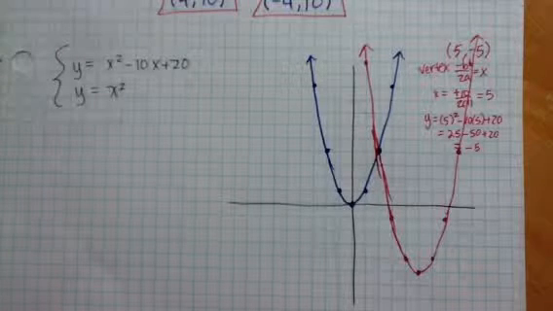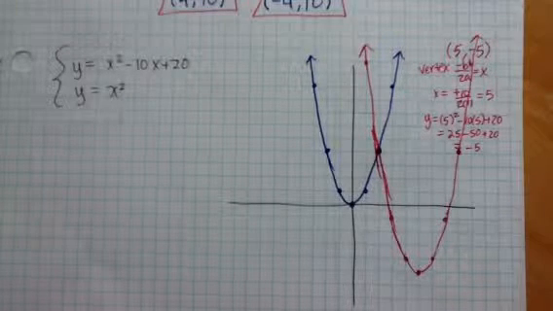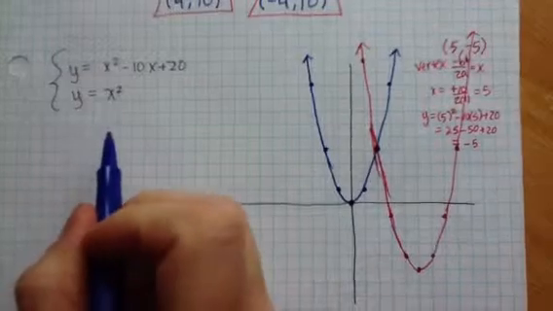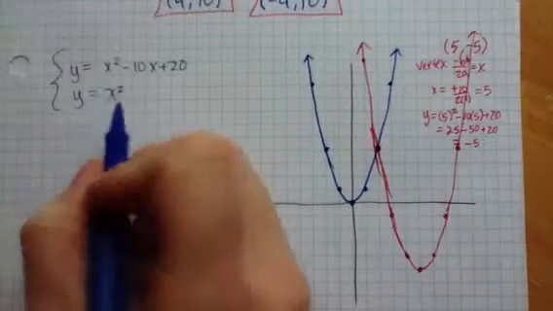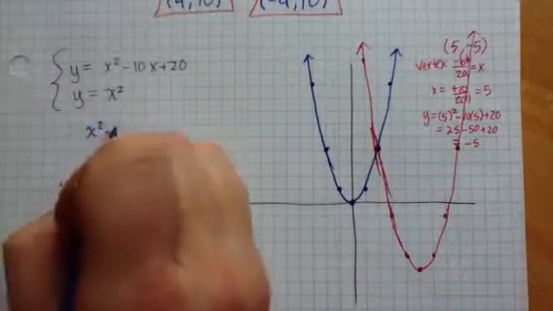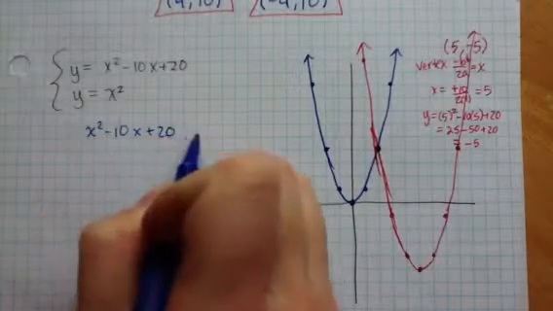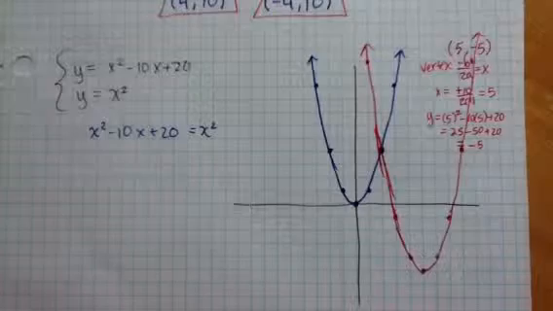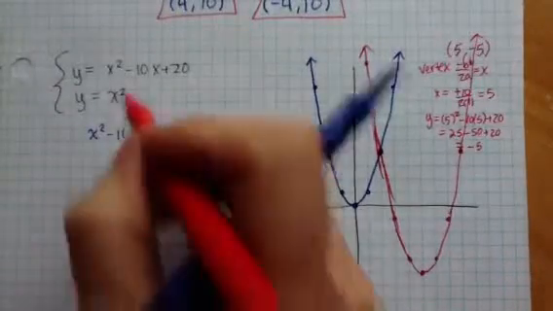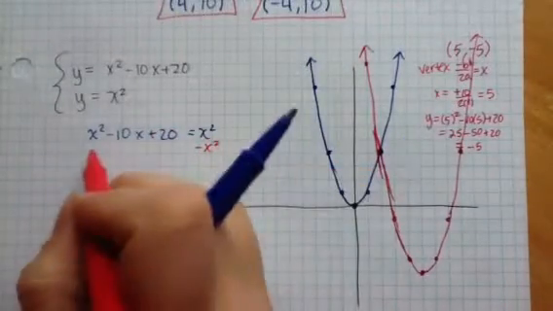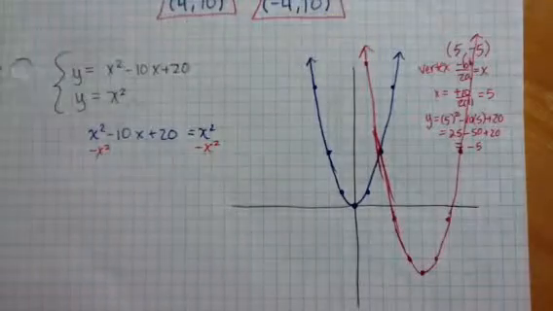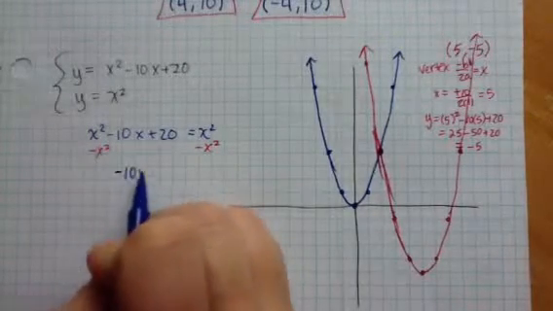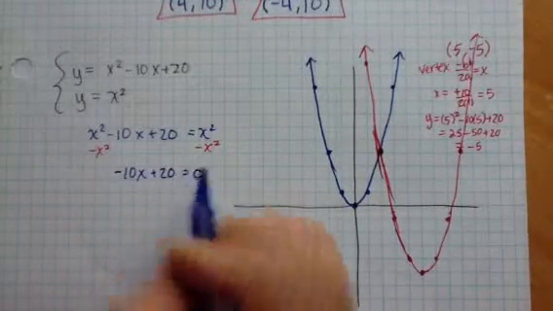We'll see what we get when we use algebra. I'll use that same approach. I'll set x squared minus 10x plus 20 equal to x squared. When I start solving that, I will subtract x squared, and those two cancel out, so I get negative 10x plus 20 equals 0.